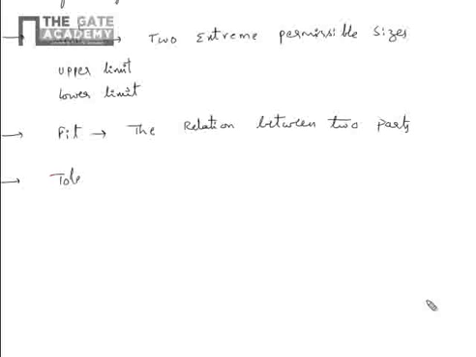Tolerance. What is tolerance? Tolerance is the permissible variation in the dimension of a part. It may be either a hole or a shaft. Suppose I want to manufacture a bolt of diameter 10 mm, in a quantity of 1 million.